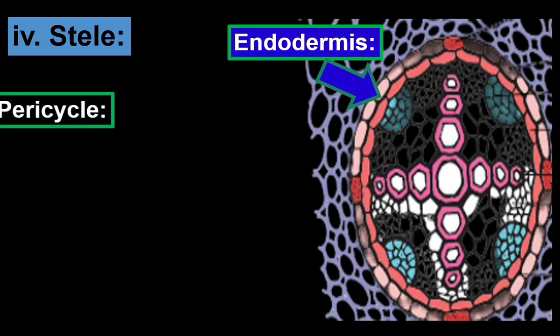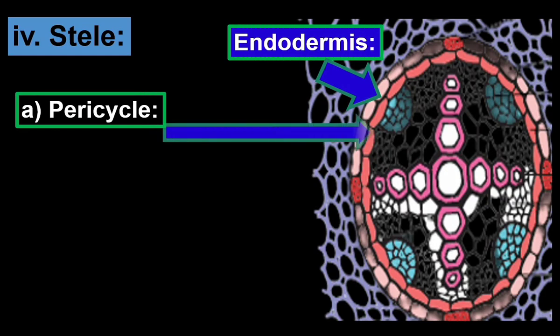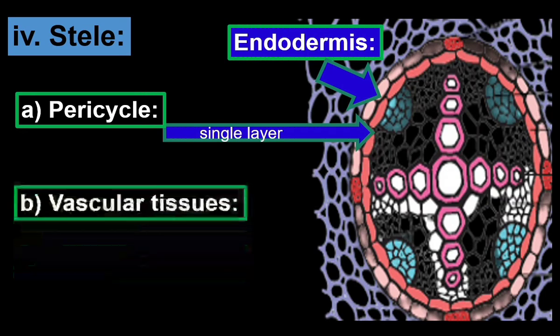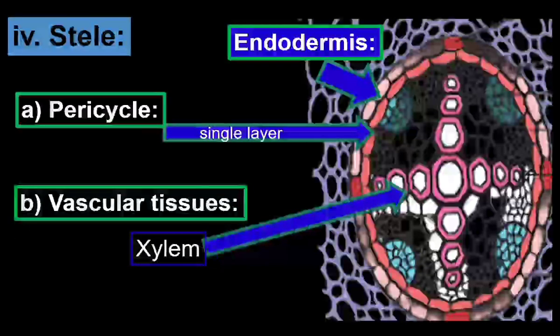The first part of the stele is the pericycle. Pericycle is made up of a single layer of cells. Inside the pericycle, there are vascular tissues. Vascular tissues are arranged in bundles. Each vascular bundle is made up of xylem and phloem.